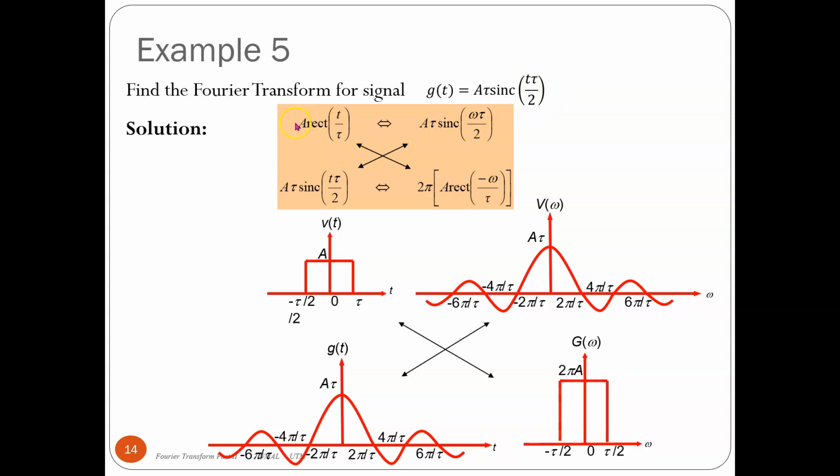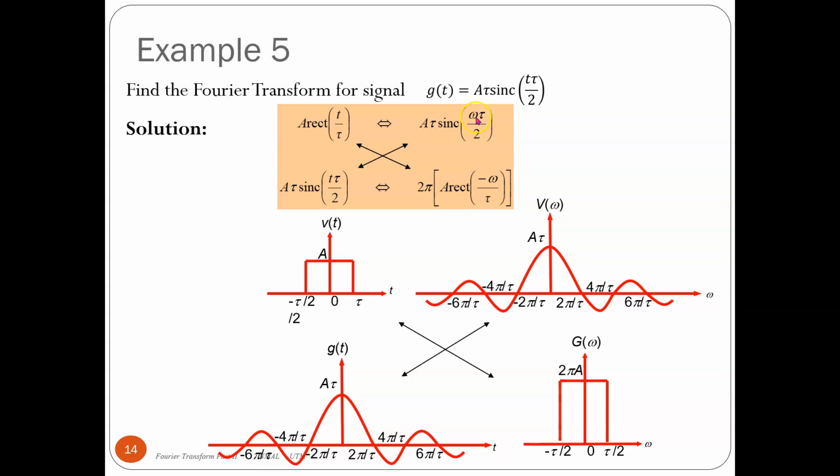Because when we refer to the table, we know that A rect(t over tau) will give the Fourier transform in terms of a sinc function, which is A tau sinc(omega tau over 2). So for the duality property, we match this, A tau sinc(t tau over 2). This is in time domain, not omega.